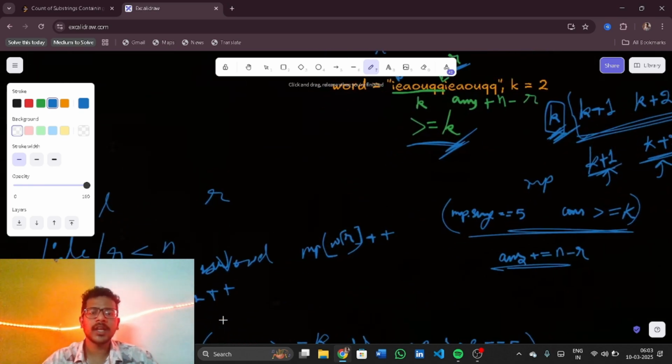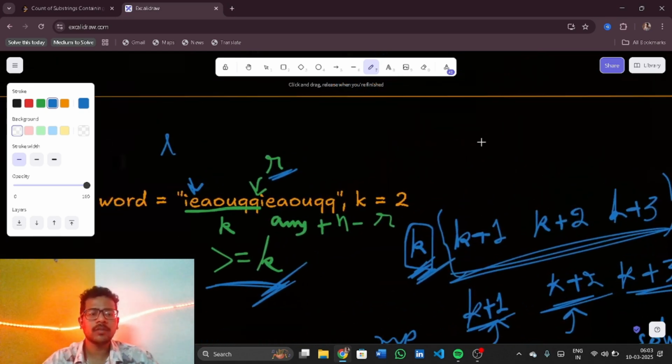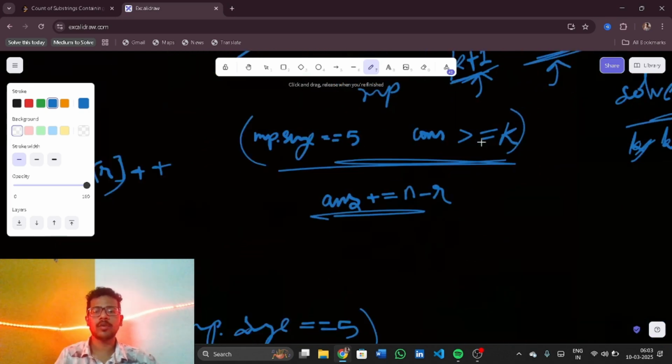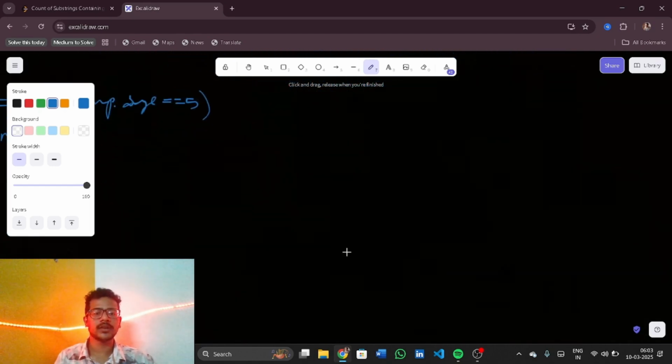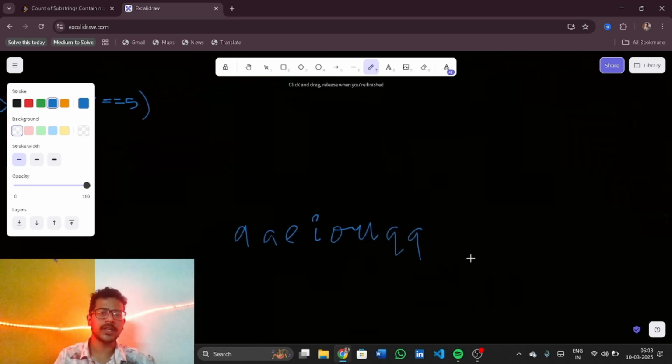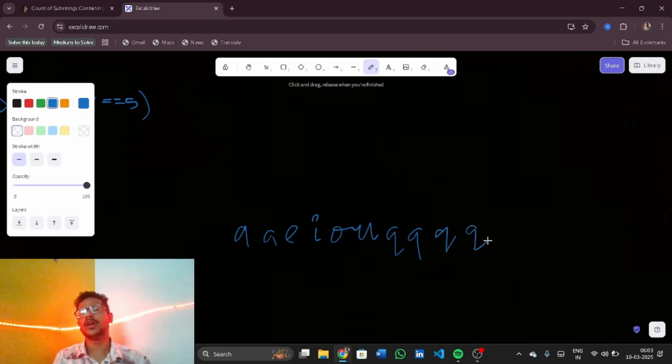But why am I incrementing my left pointer every time? If you see, here I wrote something like A E I O U Q Q and something. Let us assume I have 4 Qs now.